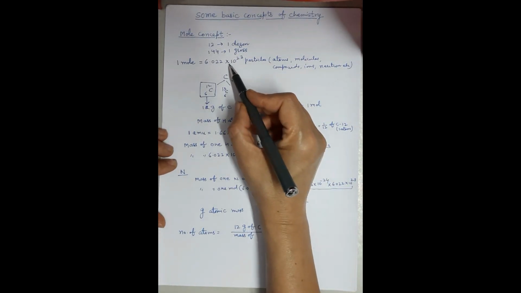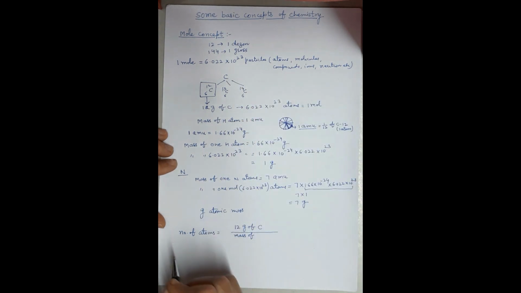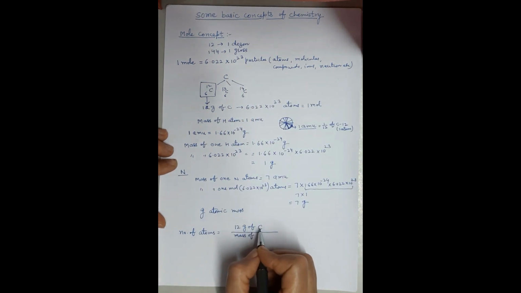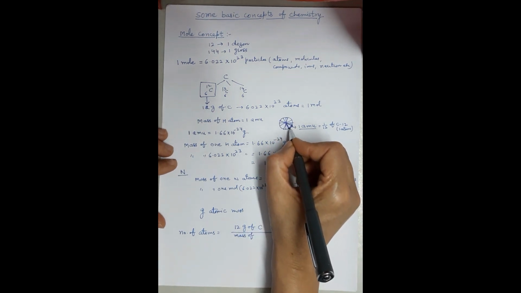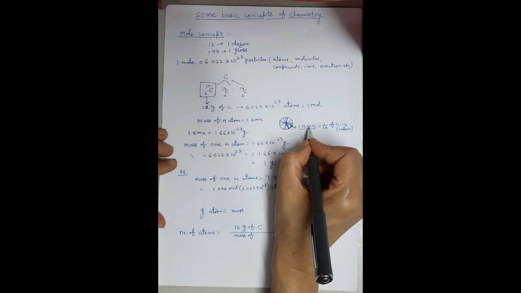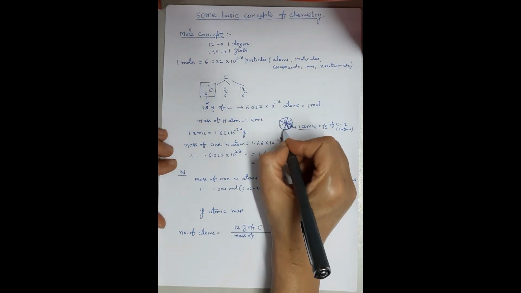As I was talking about this number, how did you get this number? You will get this number if you take 12 gram of carbon, which is this C12, and divide it by the mass of one atomic mass unit, you will get the number of atoms present in this.